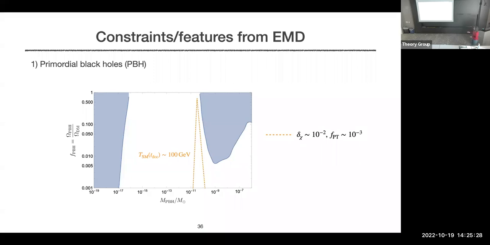In this plot, we have the mass of the primordial black holes on the x-axis and the fraction of dark matter that they will form. With this fixing of the end of early matter domination, you get primordial black holes forming in this nice gap in the experiments. So you can actually have a significant amount of dark matter coming from just primordial black holes.